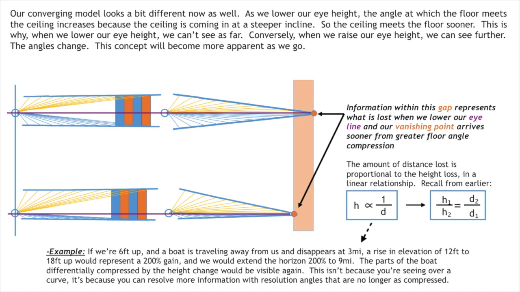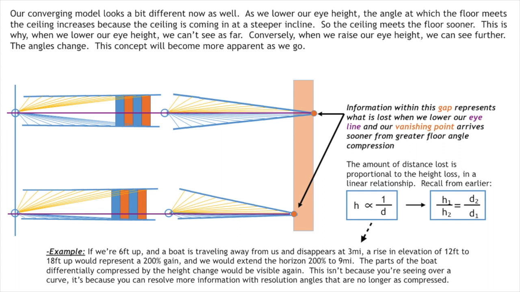So our converging model, where we rotated the ceiling and the floor up to the vanishing point in the center, looks a little bit different now when we lower our eye height. As we lower our height, the angle at which the floor meets the ceiling is different now. It gets bigger because the ceiling is coming in at a steeper angle.